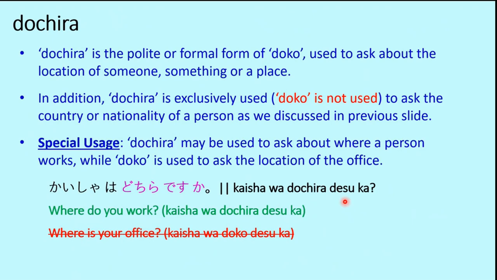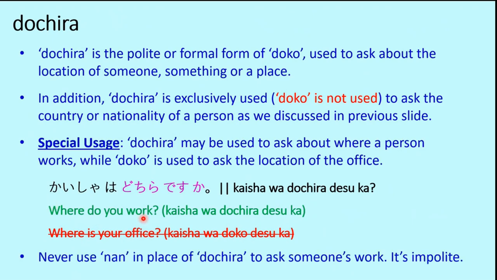This is not something like where is the office located, but where do you work. Never use nan, that is what, in place of dochira to ask someone's work. It's considered rude or impolite. So always use dochira to ask someone about his working place or about his work, and do not use what or nan.